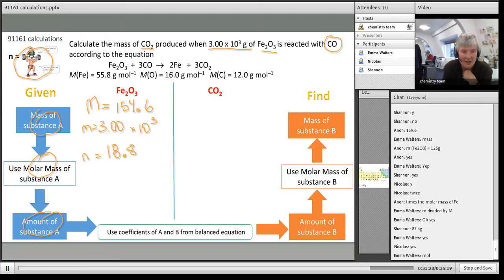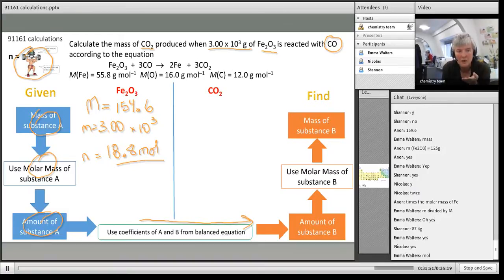So just make sure that you write your correct units down, and that's why having your units during your calculation actually works, because you can check all the time. So we've got the amount, we've got to get now to this next substance, and so we look and we highlight what are our coefficients.